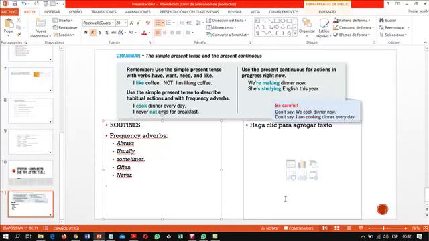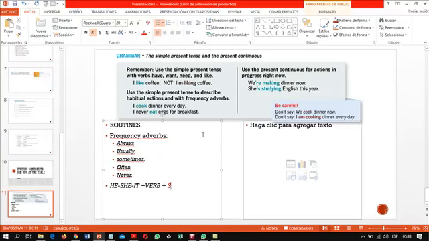Okay. In the case of present simple, remember that when we have he, she, or it, right? We use the verb in base form, and also we add s, right?